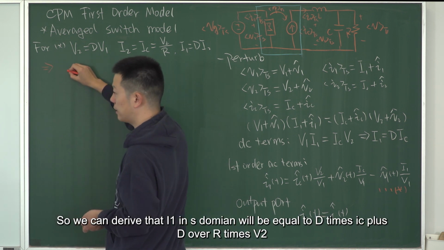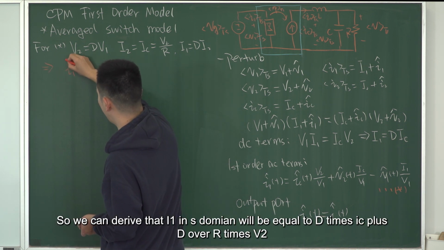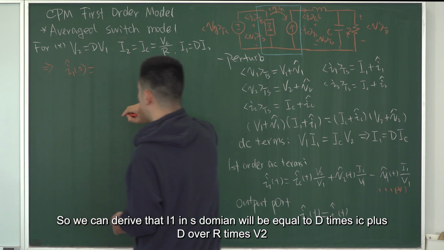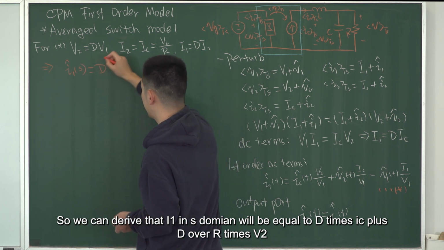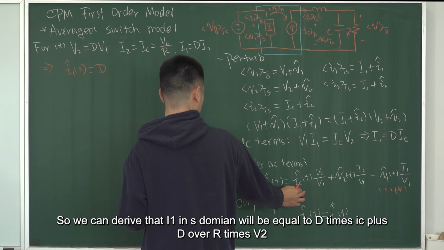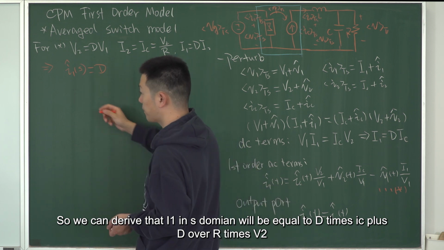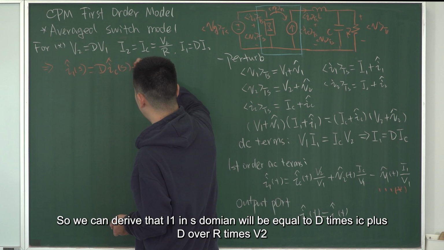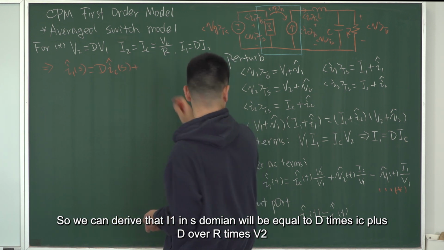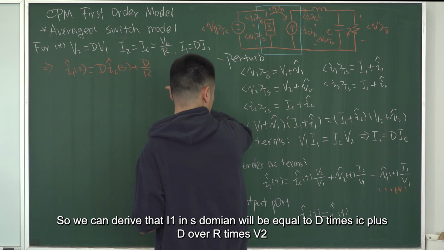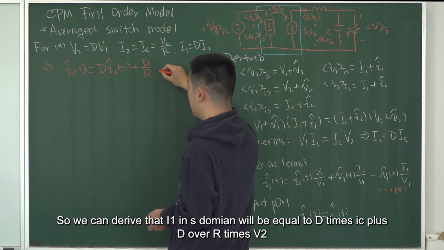So we can derive that I1 in S domain will be equal to D times IC, plus D over R times V2.